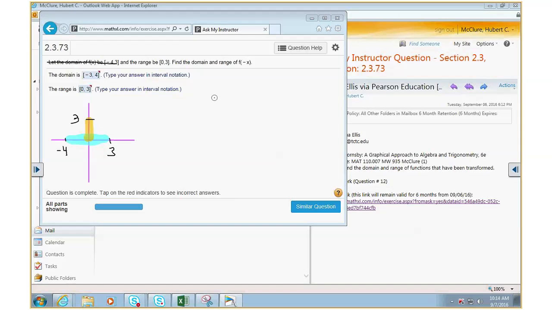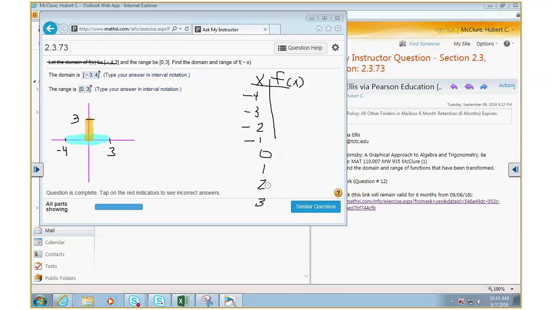So if I do the inverse, or not the inverse, hold on, find the domain and range of -f of x. So what does this mean? Let's draw this out right here. X and f of x. And over here I've got -4, -3, -2, -1, 0, 1, 2, 3.